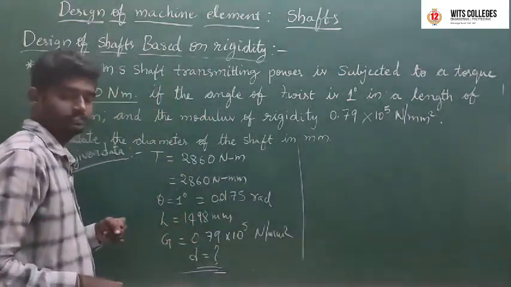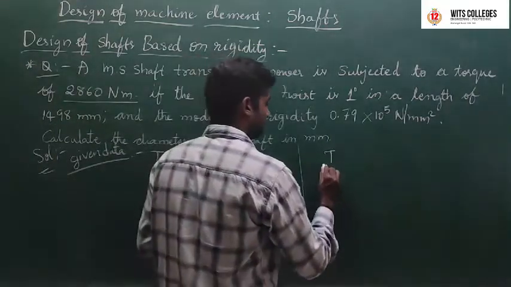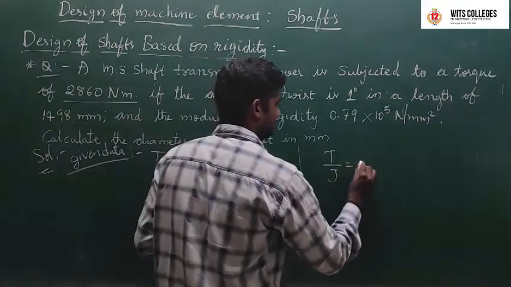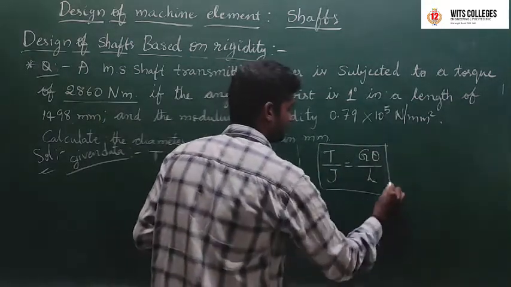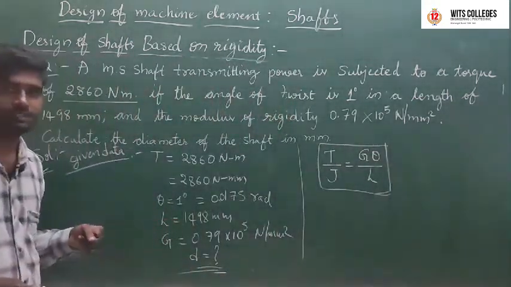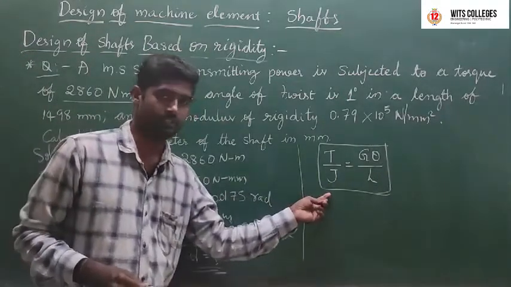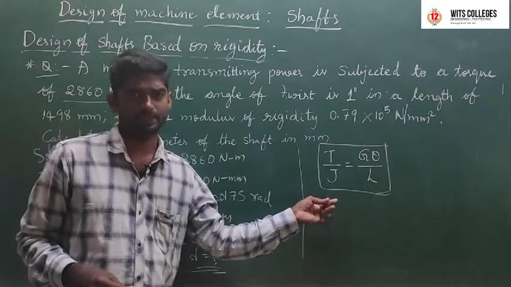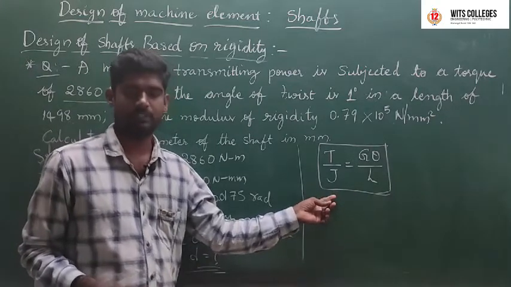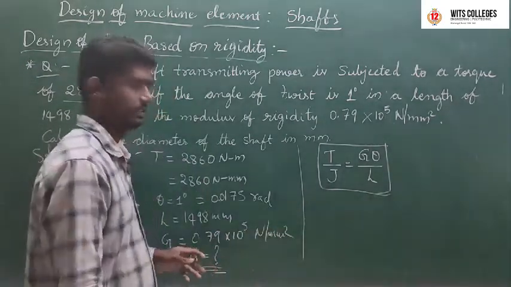Next, using one formula, T by J equals G theta by L. We already know this torque equation or twisting moment equation. Using this equation, find the diameter of the shaft.